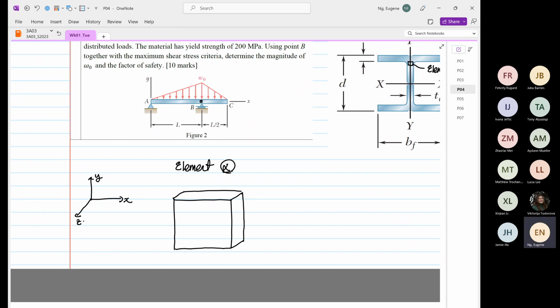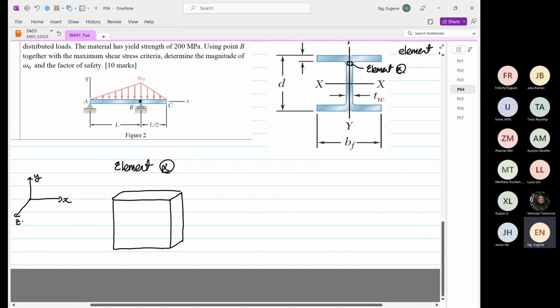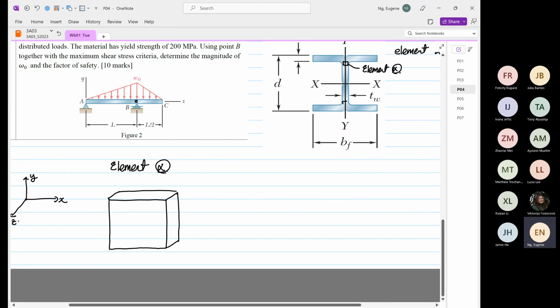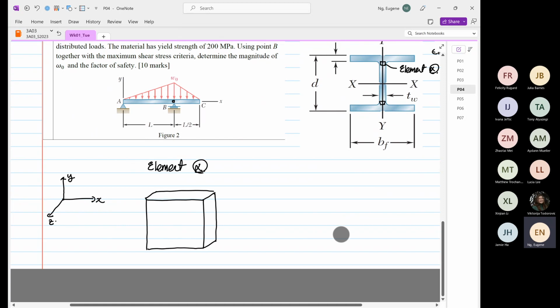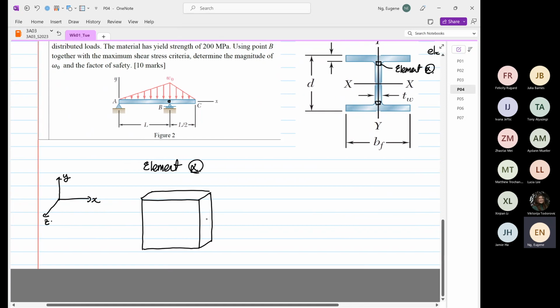If we were to look at point alpha, it does not matter whether you take the top or bottom for this case, because it's symmetric. So you can assume that this is your stress X, and we can also assume that this is your shear XY, and the other arrow is your shear YX.